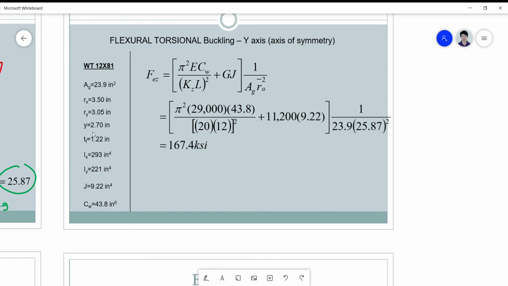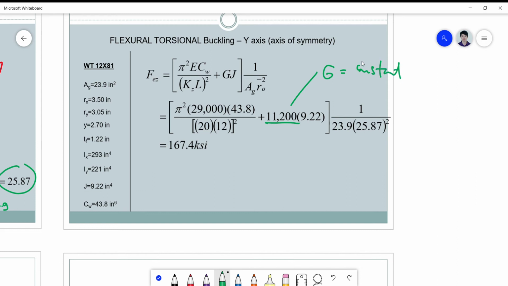So, dito hindi siya given, pero automatic na to. Constant yan, no? Parang yung E natin. Ano ba yung E natin? E is also constant, 200,000. Ay, hindi pala. 29 pala. Ksi tayo. Okay, 29.